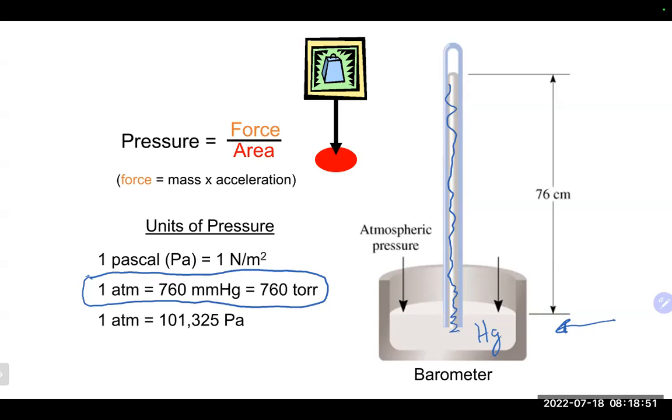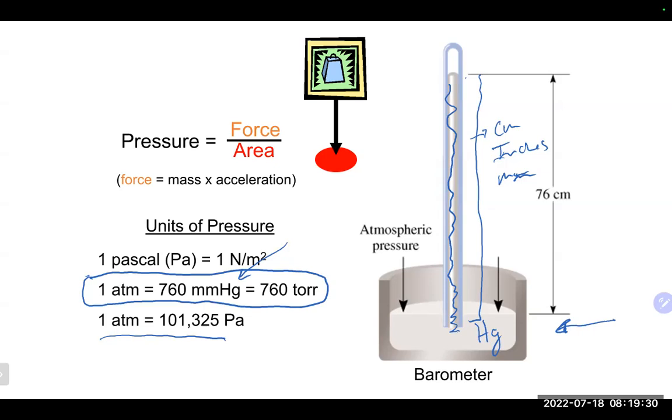That is how we get this unit, because on most barometers there is a ruler where you can measure in centimeters, usually inches, or millimeters of mercury. So that is where millimeters of mercury comes from, the reading that you would take off of a barometer from the ruler. Most of them were centimeters and inches, but we usually use millimeters of mercury. So an atmosphere is also equal to 101,000 pascals, or 101 kilopascals.